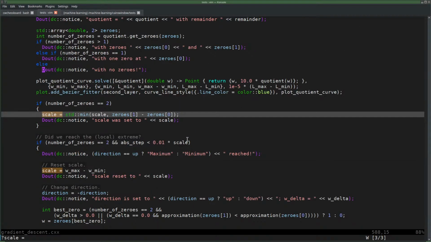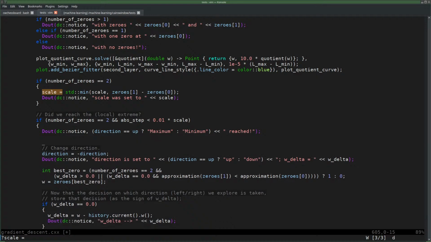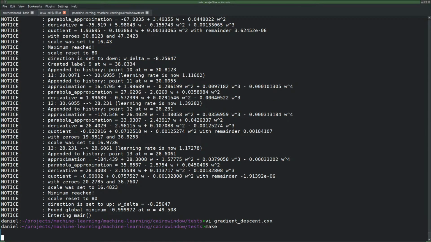So and now this fails. But if it doesn't fail, then yeah, I just set the scale. There's absolutely no reason to reset the scale again. Just completely remove this.